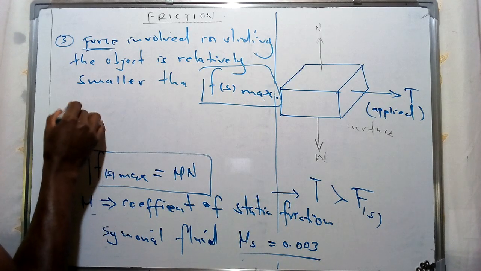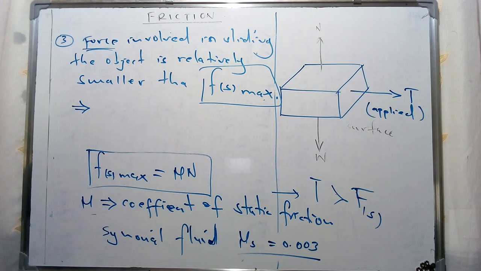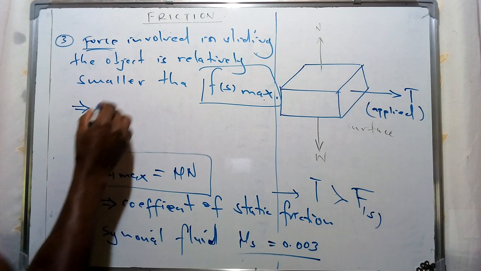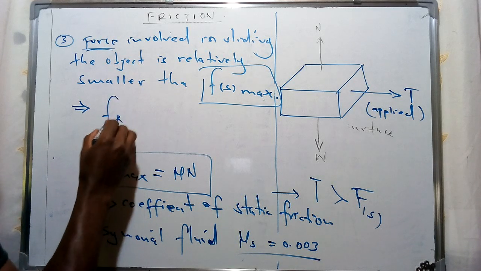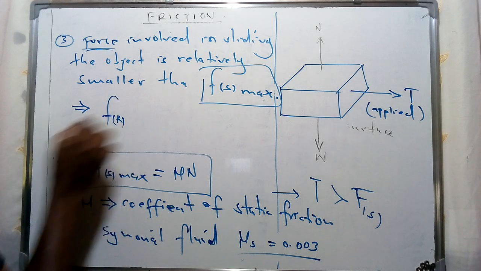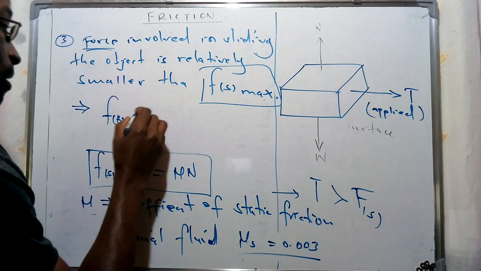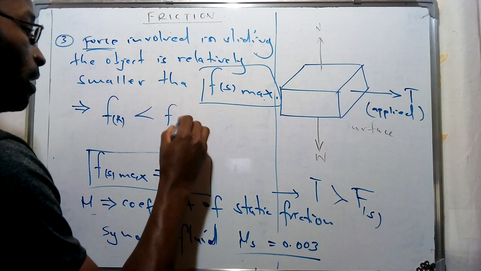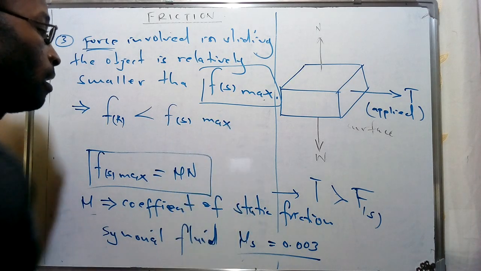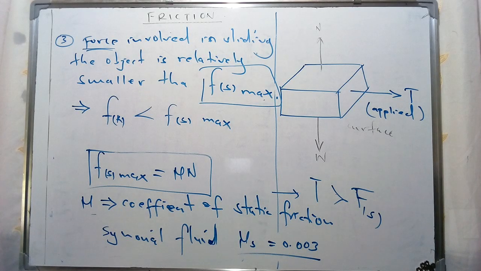We can introduce this force, which we refer to as kinetic friction, or sliding friction, given in terms of F sub K. This force is relatively smaller than the maximum static frictional force which we have given in this representation.